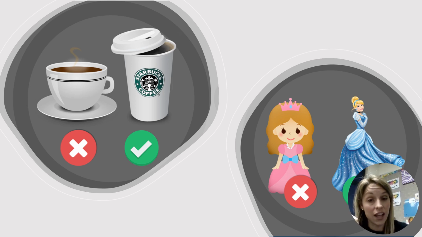Something specific like Dunkin' Donuts, Tim Hortons, Starbucks, that is pop culture, all right? Random pretty little princess in pink, not pop culture. Cinderella, Mulan, any Disney princess that people know and love, Snow White, why am I blanking on my princess names? Tiana. Any of those are pop culture princesses.